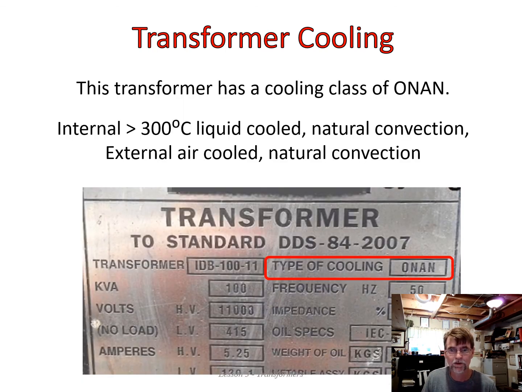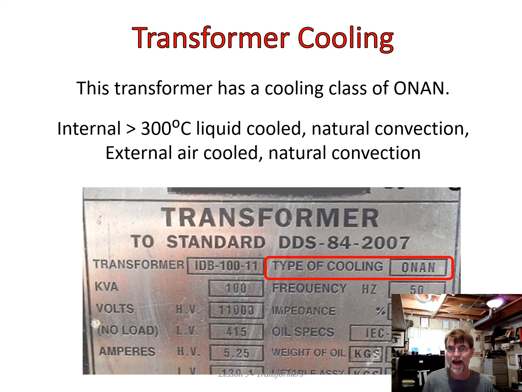So we're back here. Notice that the type of cooling was ONAN. Internally, greater than 300 degrees Celsius, liquid cooled. So we've got a liquid coolant system inside with natural convection, which means there's no fan circulating the oil from inside to outside.